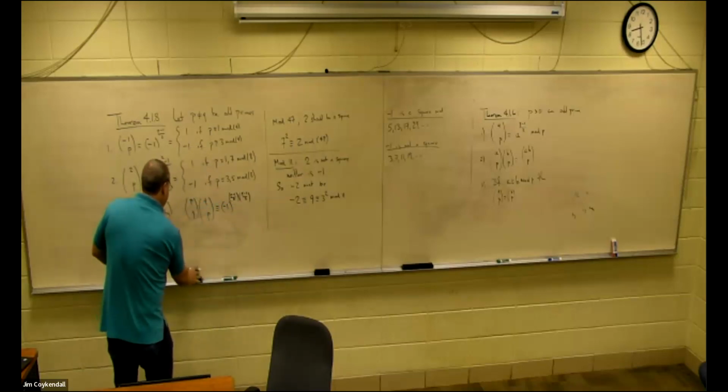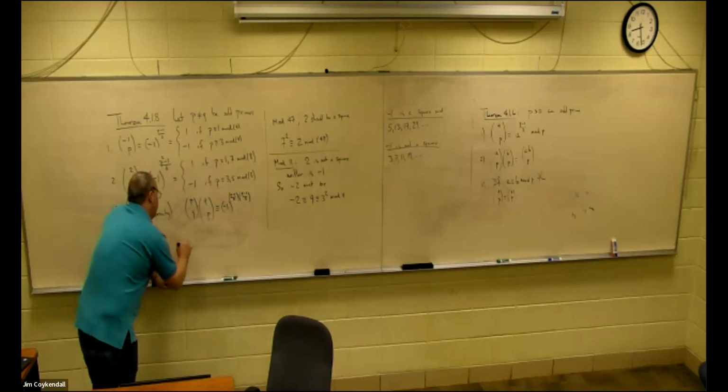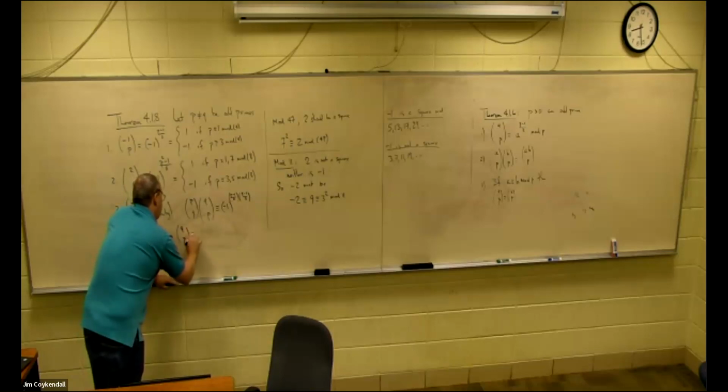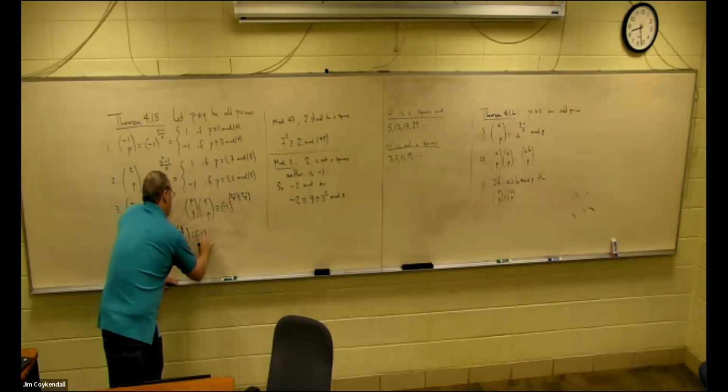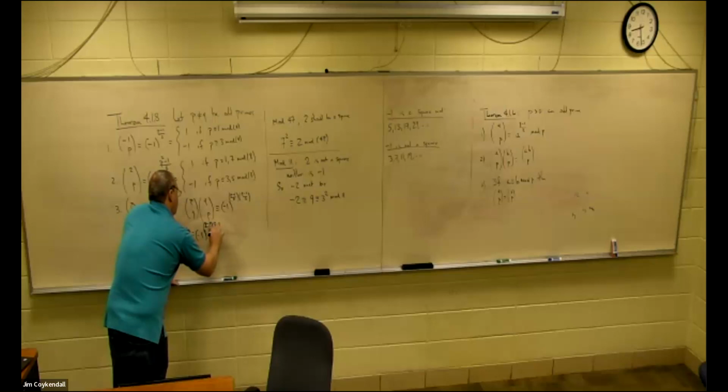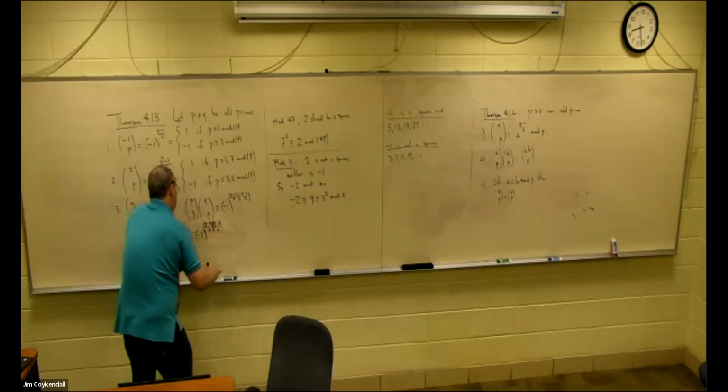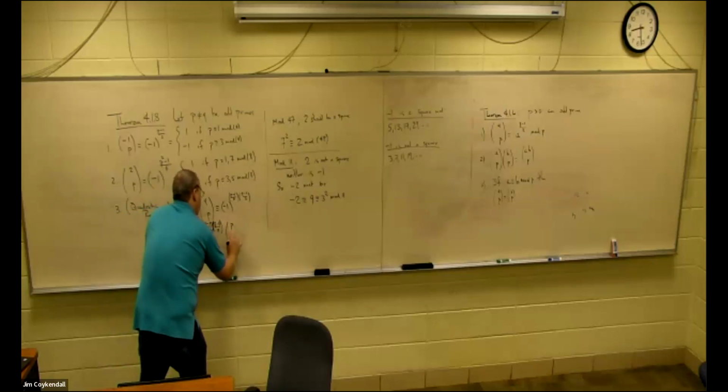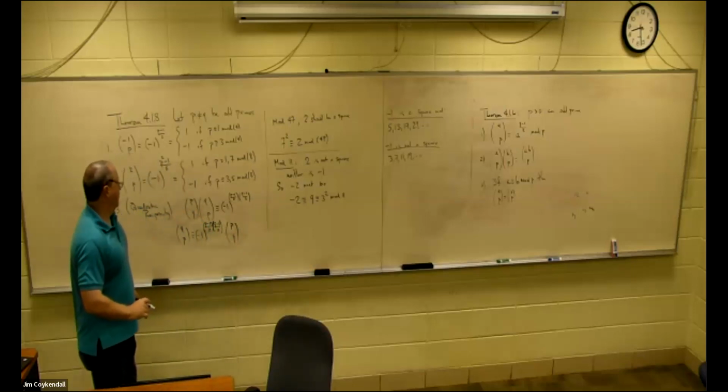Or in other words, (q/p) is equivalent to (-1)^((p-1)/2 times (q-1)/2) times (p/q).